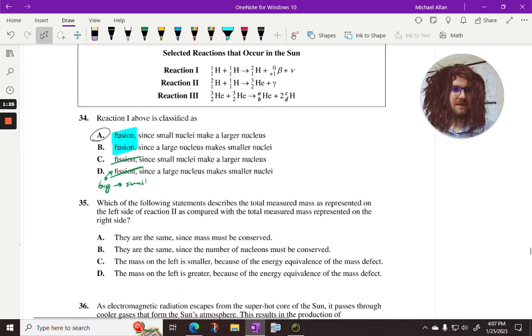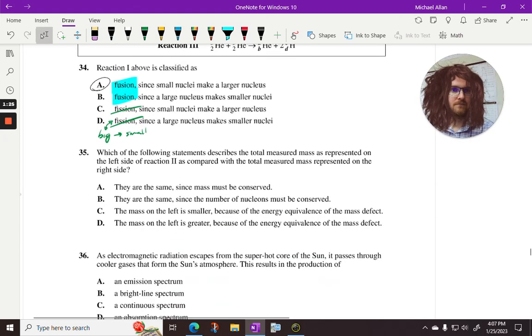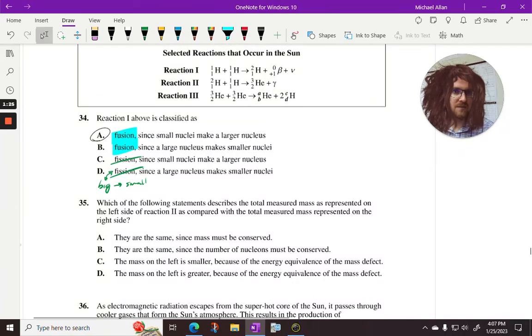Which of the following statements describes the total mass on the left side of 2 compared to the total mass on the right side? Well, obviously not going to be the same here. It's releasing gamma radiation, and there's going to be all sorts of different binding energy differences here. So they're definitely not going to be the same masses, right?